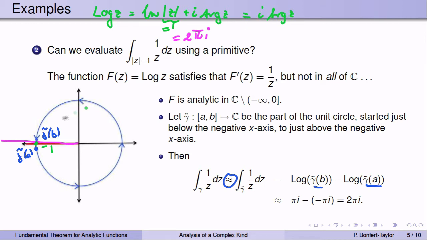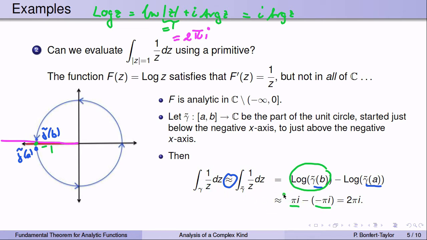For a point just above the negative real axis, the argument is about pi. In other words, the logarithm of gamma tilde of b is pretty much pi i. For a point just below the negative real axis at -1, the argument is -pi. So we're subtracting -pi i, and pi i minus (-pi i) is 2 pi i.